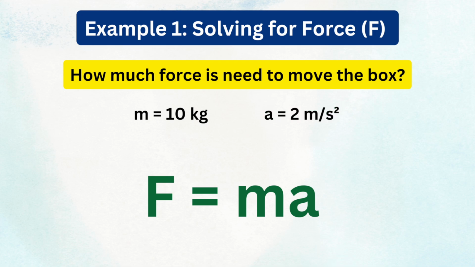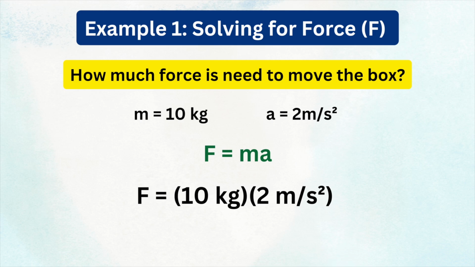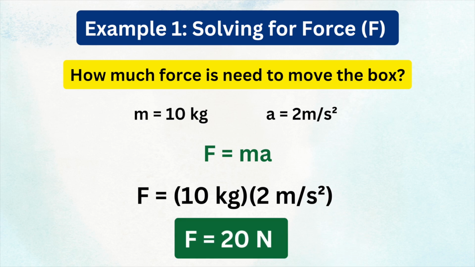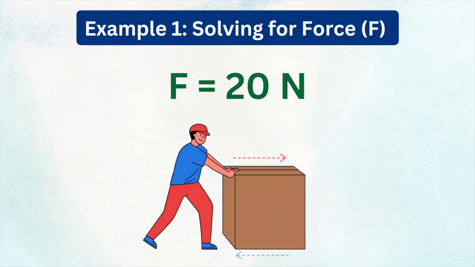Let's substitute the given quantities into the equation F = ma. So we have 10 kilograms times 2 meters per second squared. Yes, that's right. The answer is 20 newtons. So, you need to apply 20 newtons of force.